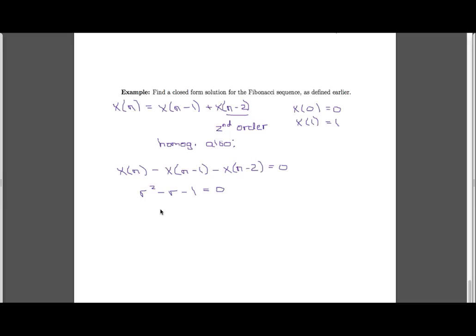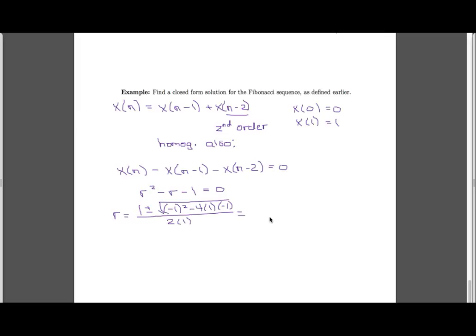So this does not look like it's factorable, unfortunately, so we're going to go ahead and use the quadratic equation to solve. So we're going to use negative b, which in this case is positive 1, plus or minus the square root of b squared minus 4 times a times c, all over 2 times a.